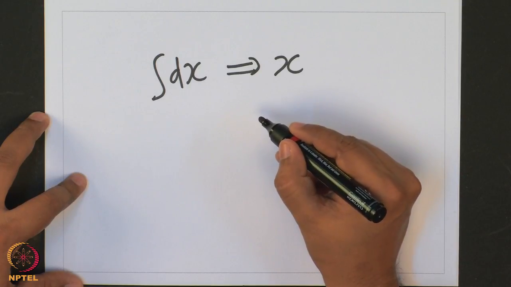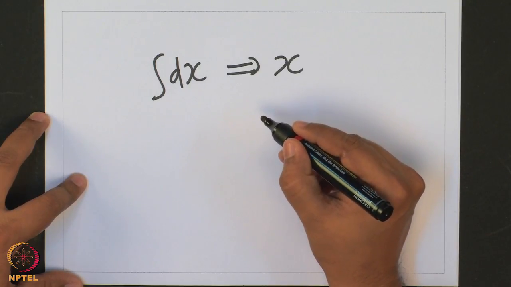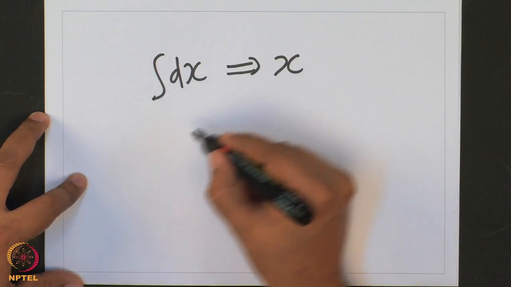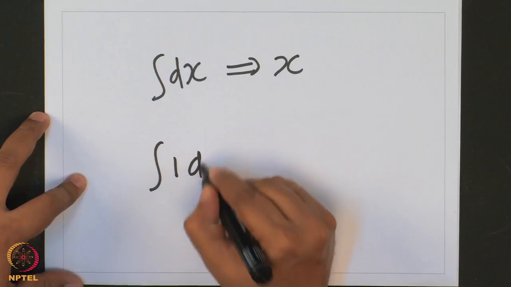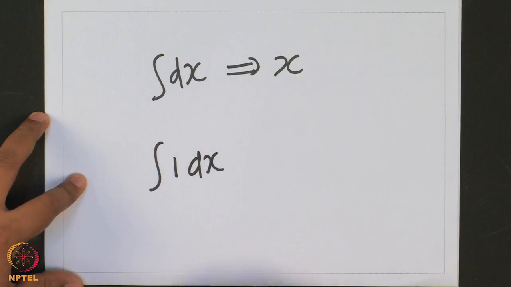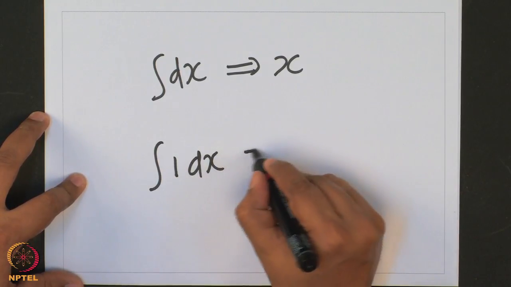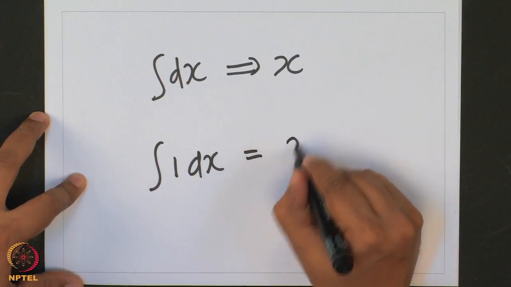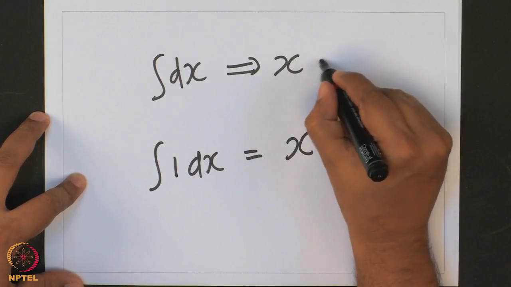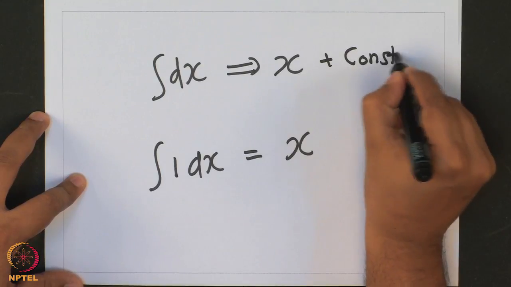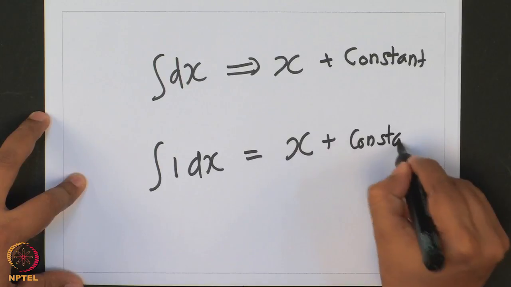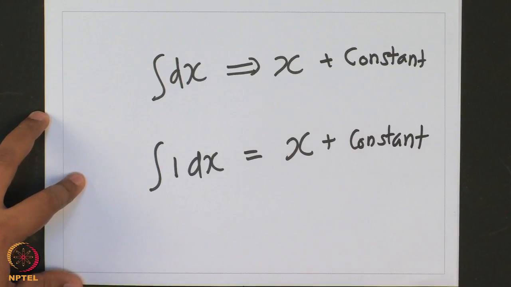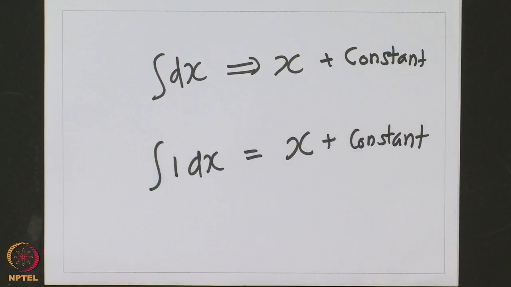This essentially means that the integral of dx is the integral of 1 times dx, and 1 is a constant, so the integral of 1 is x plus a constant, of course. Instead of 1, you could have 3, then you will get 3x plus a constant, and so on and so forth.